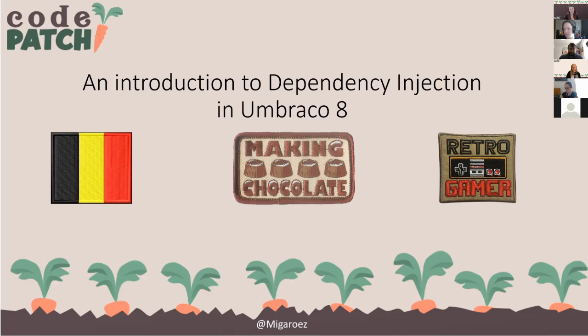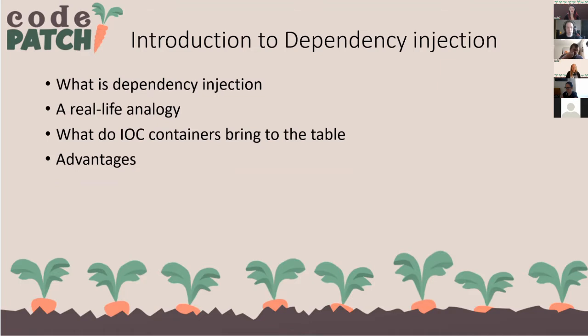As the title indicates, I'm gonna give a quick introduction to dependency injection and how you can use it in Umbraco, especially in Umbraco 8. So what will we be covering? I'm gonna explain in my own words what dependency injection is.